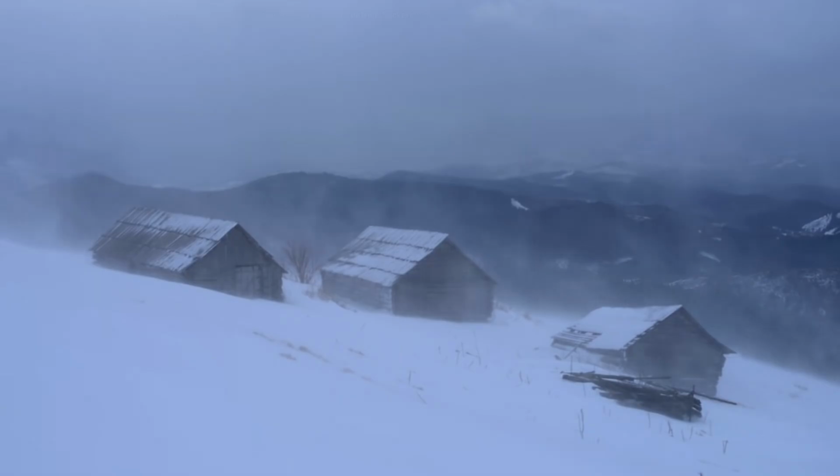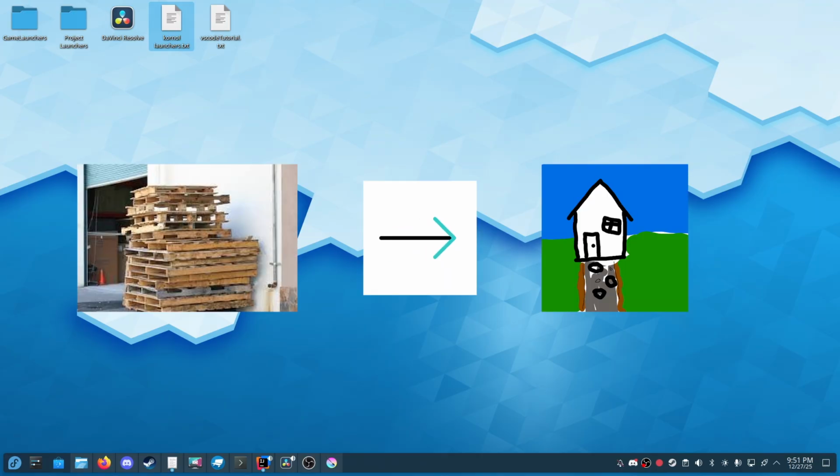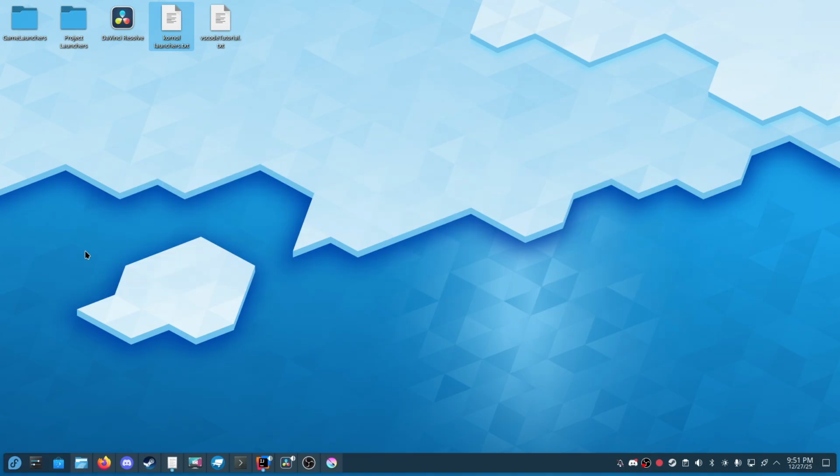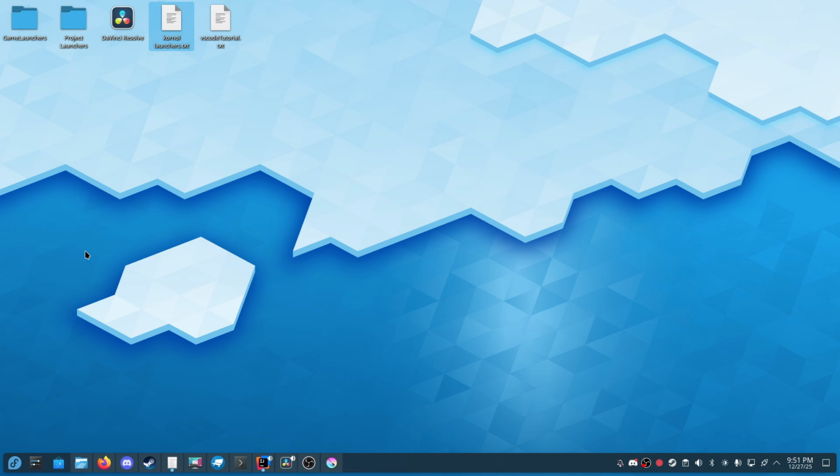By the way, it's winter time, so in a few days it was going to snow. Either leave those pallets there and completely ignore them, or move those pallets home instead of spending hundreds of dollars for practice wood to essentially waste. And yeah, I wasn't going to waste that opportunity.